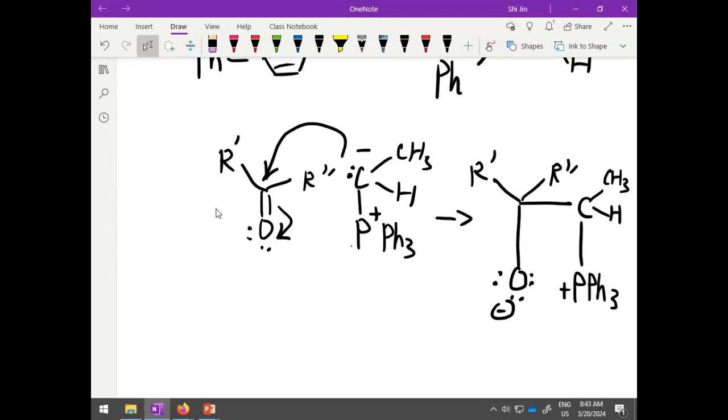The nucleophilic atom uses its lone pair to donate to the carbonyl carbon, then the C=O bond breaks and gives you this one. That's the intermediate you would expect from a typical nucleophile, okay?